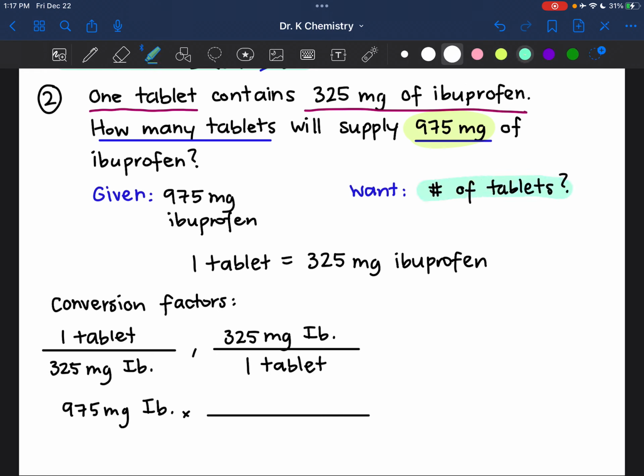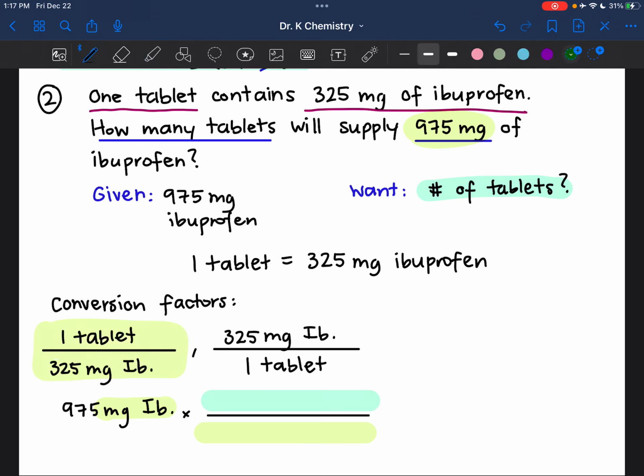Okay, so what we are interested in finding is the number of tablets, which means that that's what I'm going to have to end with up top. And the unit that I'm trying to get rid of is going to have to go on the bottom here. And the unit that I'm trying to get rid of is the milligrams. We're not interested in milligrams. We're interested in the number of tablets, which means I'm going to look at my conversion factors.